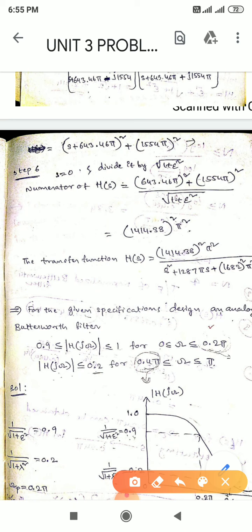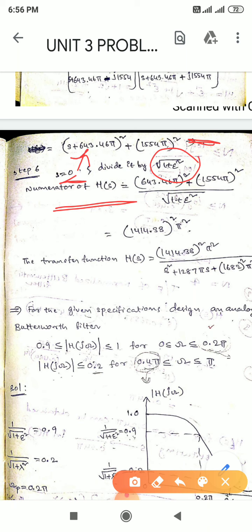Here capital N is even. To obtain the numerator of H of s, we simply substitute s equal to 0 in the denominator polynomial. The resultant value is divided by the square root of 1 plus epsilon square.